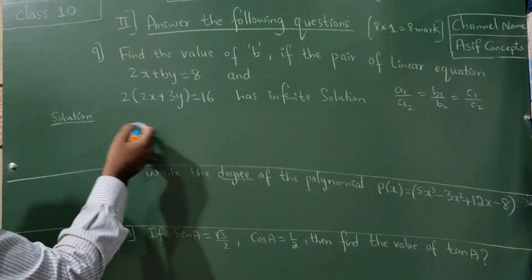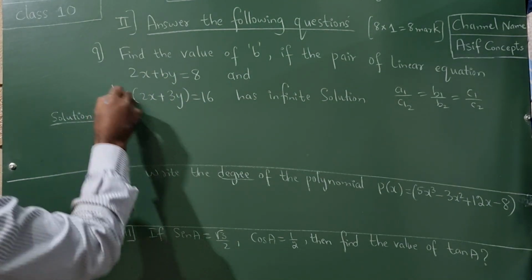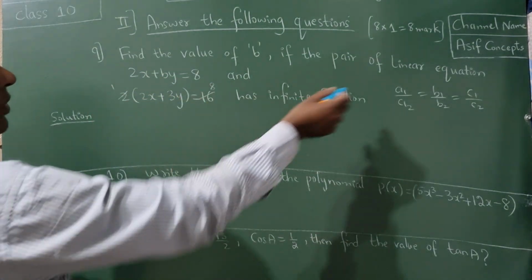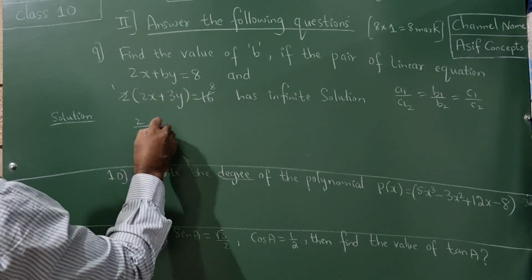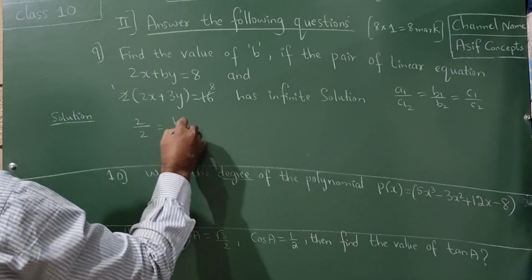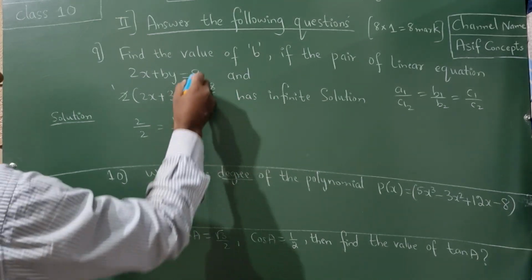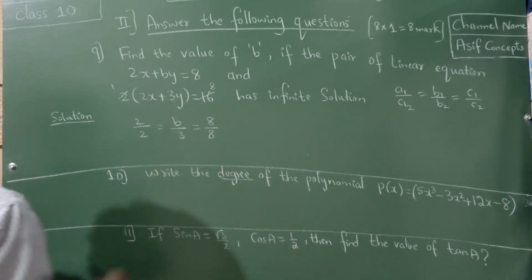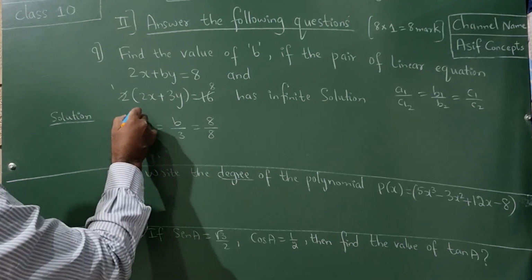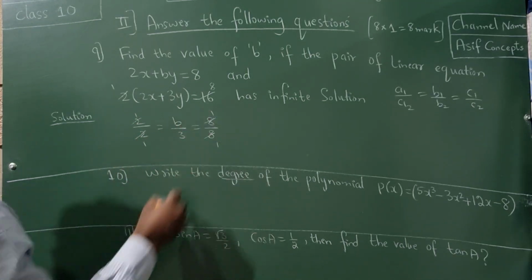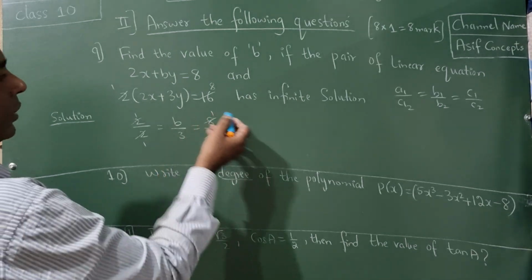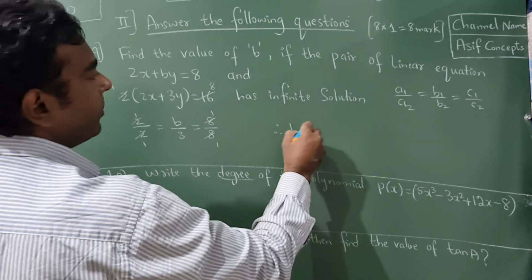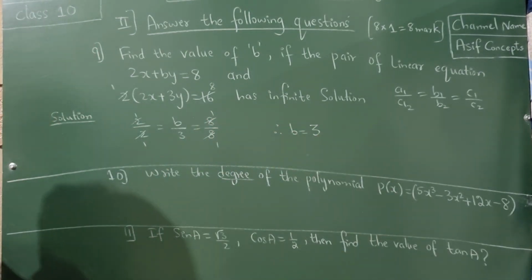Now here in the second equation, I am going to cancel: 2 ones are 2, 8 ones are 8. a1 is 2 here, a2 is 2 again, b1 is b and b2 is 3, and this is 8 by 8. The 2s cancel, and the 8s cancel. So either you can take the left side or the right side. So 3 into 1 is 3. So the b value is 3.